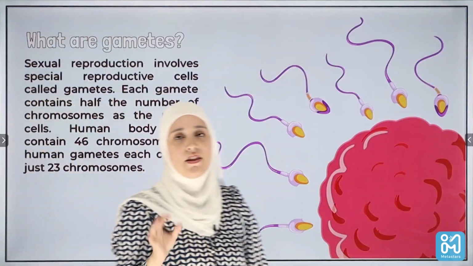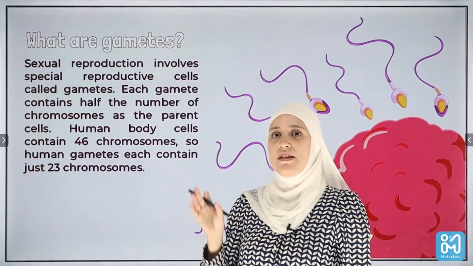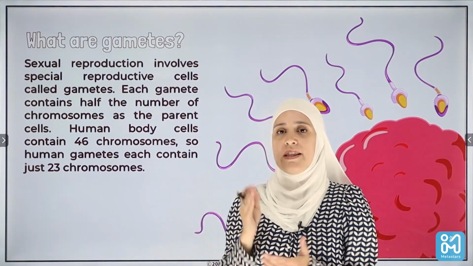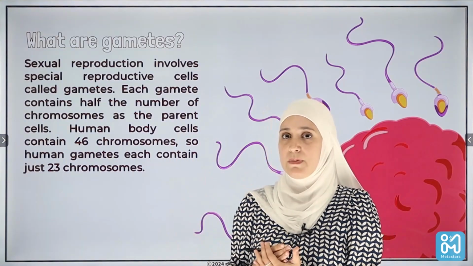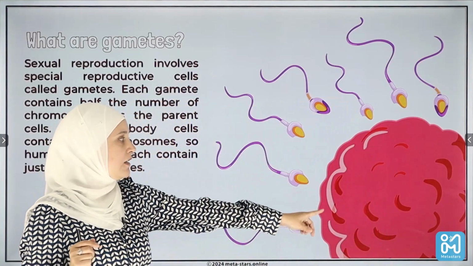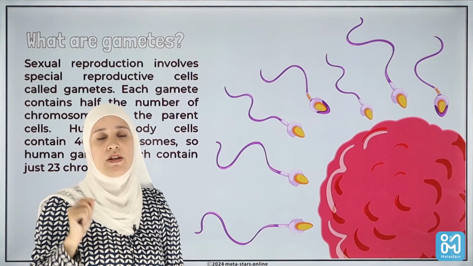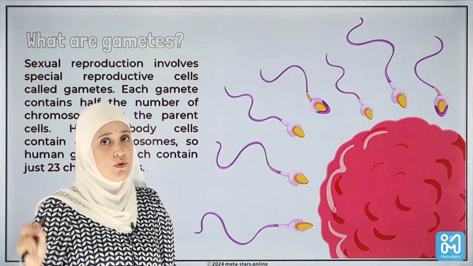The last thing that you have to know is the meaning of gametes. Gametes are specialized cells in male and female that contain half of the genetic material. For example, sperm in male, ovum in female, they contain, in humans, 23 chromosomes.